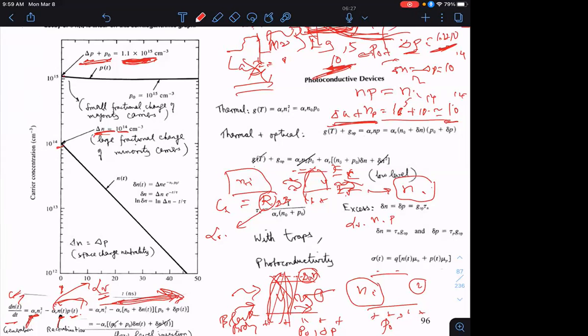In equilibrium, N times P equals N i squared, right? And therefore, the generation rate must also be equal to that, alpha R times N i squared. I'm going to repeat this, and I know it's kind of tricky because you're throwing a lot of subtle physical ideas in. So let me go through this and then I'll repeat it again. I'm saying that the generation rate due to black body photons must be equal to alpha R times N i squared.